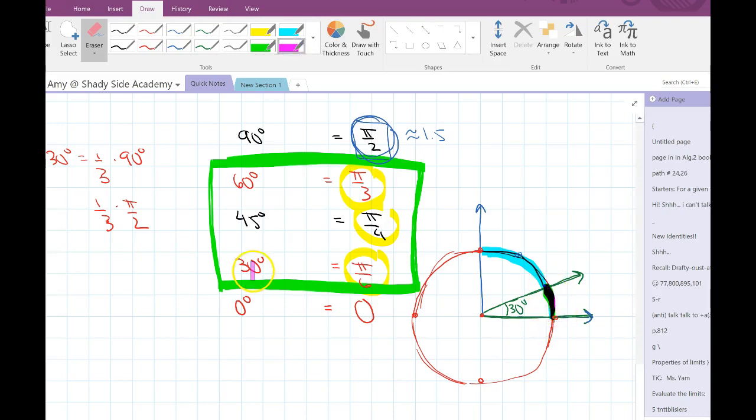Now, if 30 degrees is pi over 6 radians, pi over 6 is about 3 over 6, which is roughly a half, right? So in this intercepted arc, there should be roughly a half of a radius length. And again, look at this. Here's the radius length. This looks to be a half of a radius length.